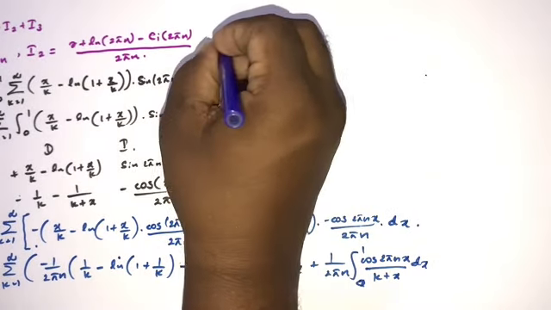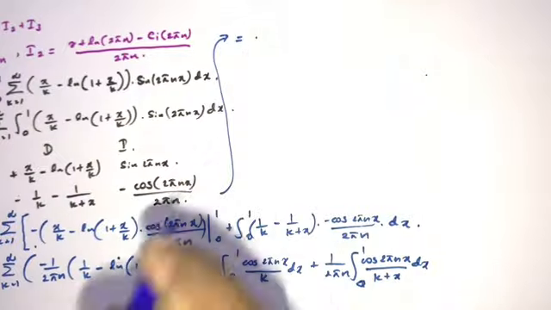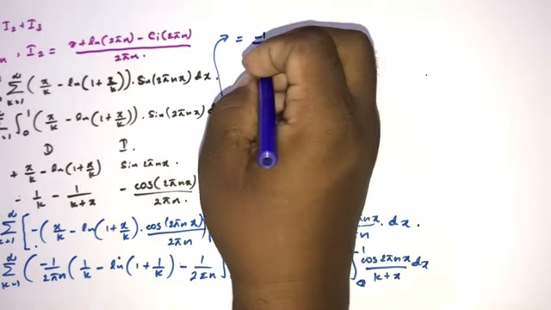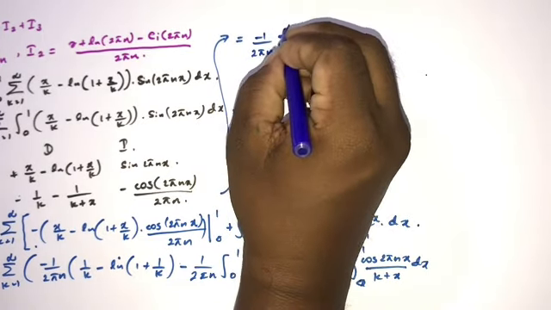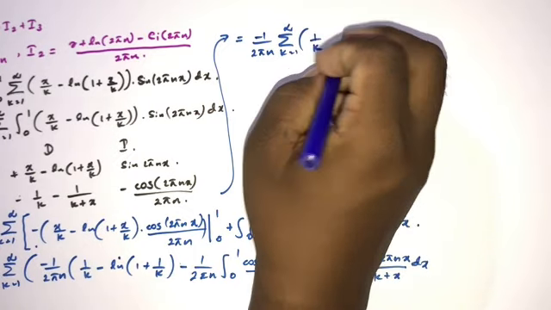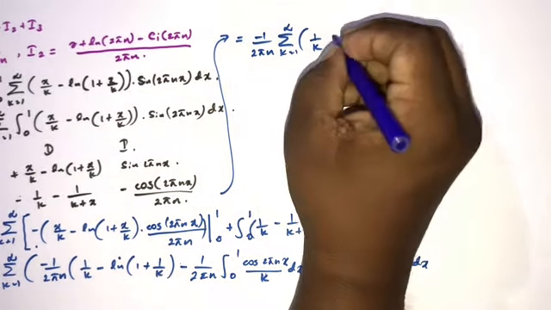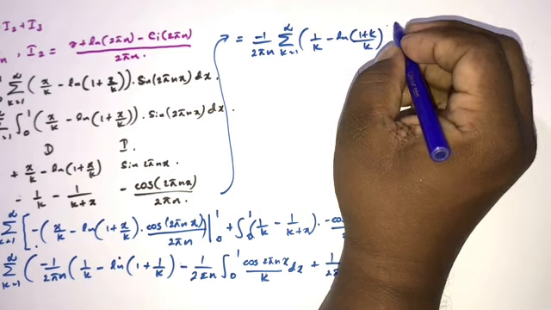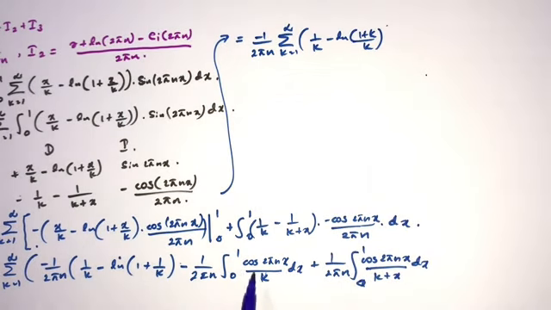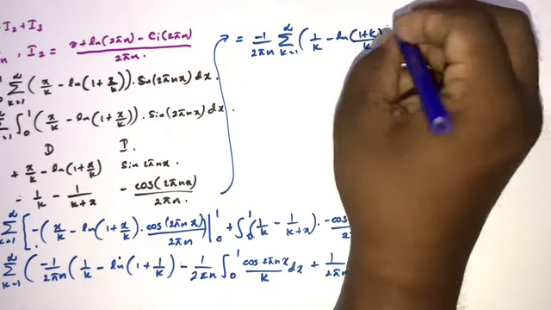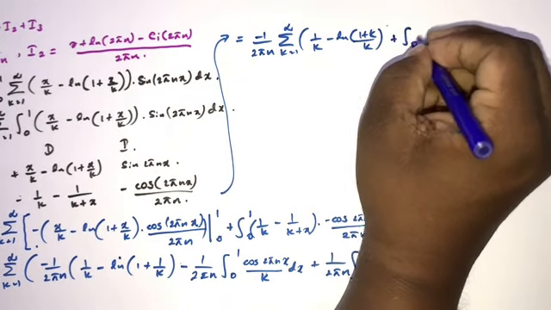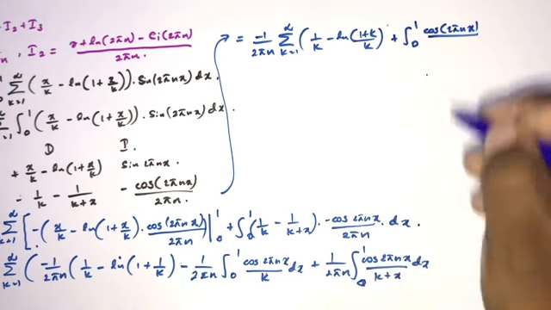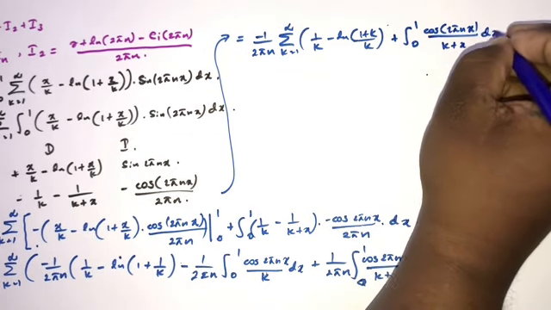Here we can write this is equal to minus 1 over 2 pi n, which we can write outside of the sigma notation, so 1 over 2 pi n, sum from k equals 1 to infinity of 1 over k, natural log of (1 plus k) over k, then plus the integral from 0 to 1 of cosine of 2 pi nx over k plus x dx.